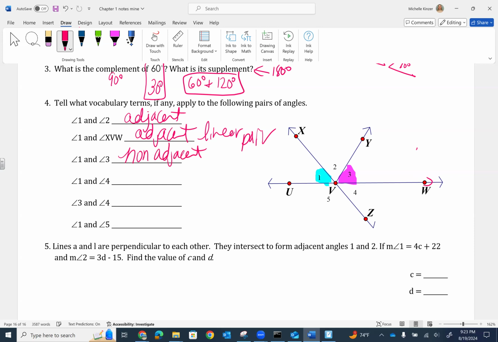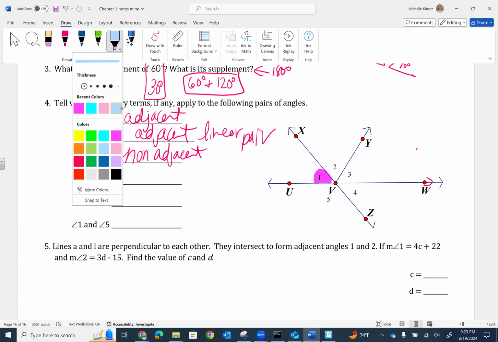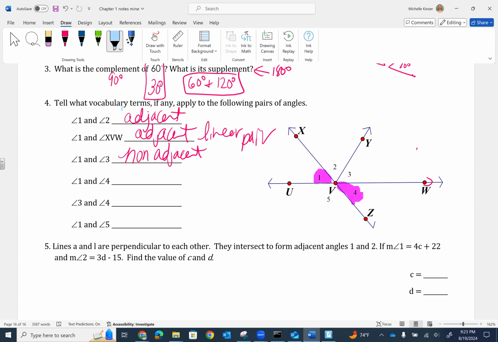Okay, next one, angle 1 and 4. Well, the truth is this. Do you notice that these two angles are opposite each other on an X? So they will be called vertical angles. And they're going to be congruent to each other.